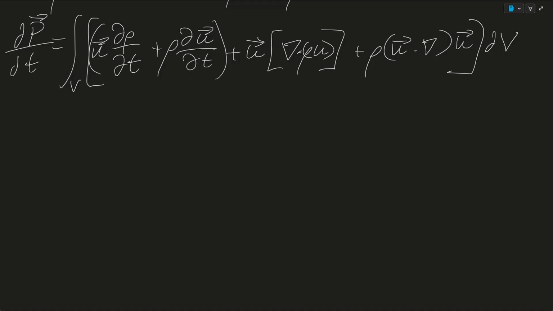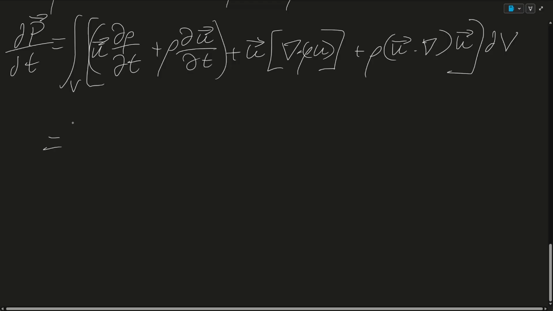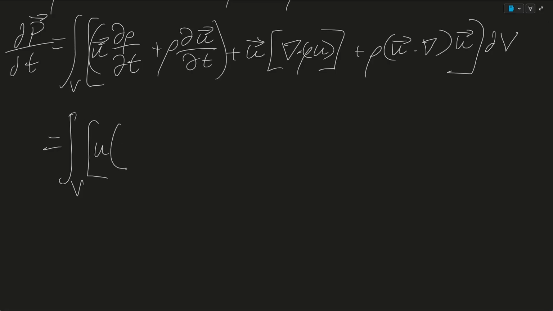now we can pull things out and group terms inside of the integral. So we can say this integral over v of u times partial rho partial t plus del rho u, don't forget that, plus rho.